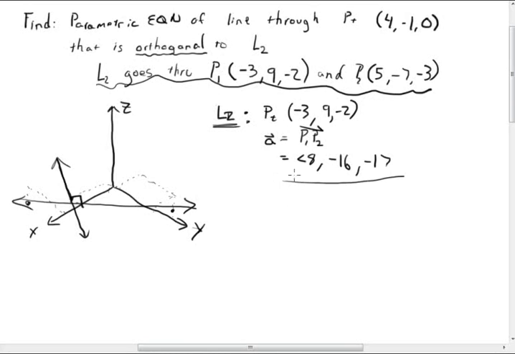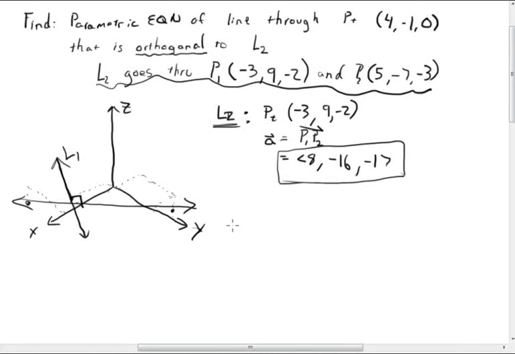So we can now define our equation for line 2. But we don't really need to write out the equation for line 2, because all we're really concerned about is this vector here. We need to find a line, we'll call this L1, because this has already been called L2.